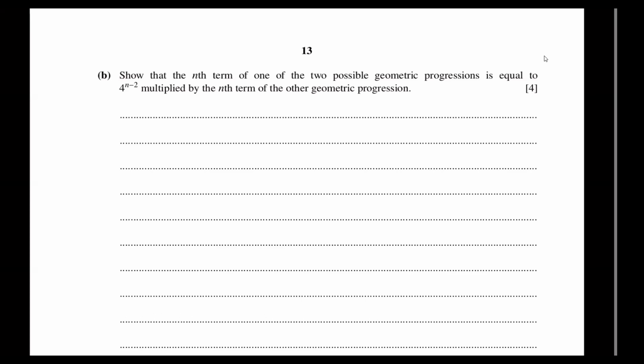So let's find the nth term of both progressions first. So when in one of the progressions a is 20, r is 4 by 5, then what will be the general term?